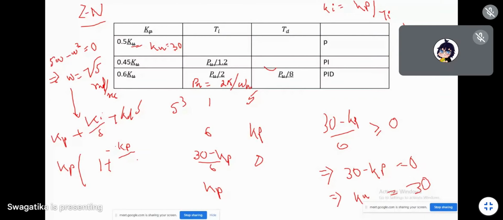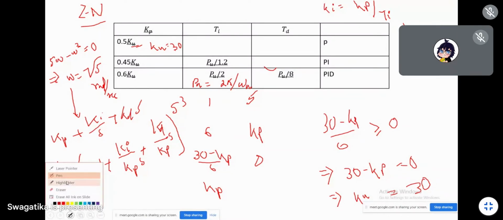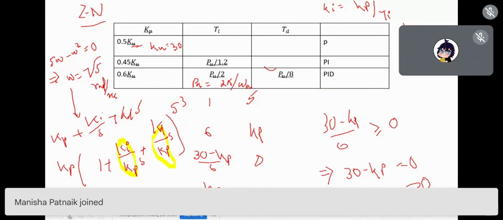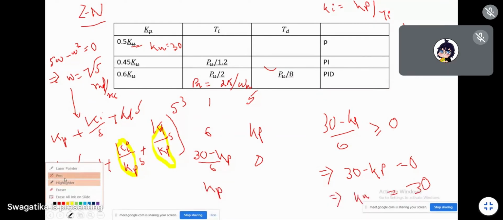So now I'm taking Ki divided by Kp and Kd divided by Kp as 1 by Ti and Td respectively.